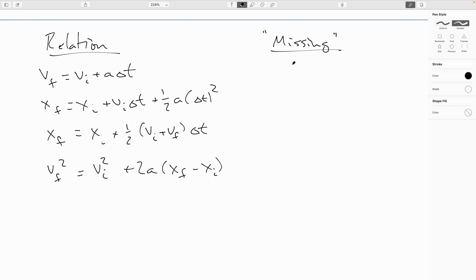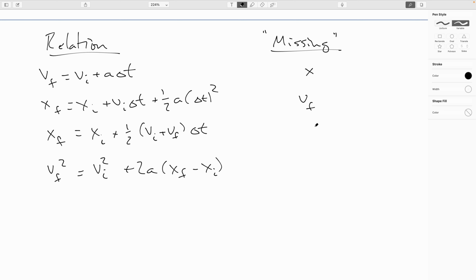Okay, so if we take a look at these, we'll see, like I was alluding to earlier, that each of these is missing one of the 4 key kinematics variables, which are position, velocity, acceleration, and time. This one does not have position in it at all. This one does not have the final velocity. The initial velocity is there, but it doesn't have the final velocity.